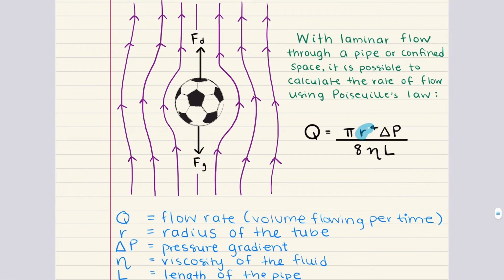It's influenced by the pressure difference across the length of the pipe. It's also influenced by the viscosity of the fluid, as well as the length of the pipe itself. All of these variables come together in a relationship known as Poiseuille's law.